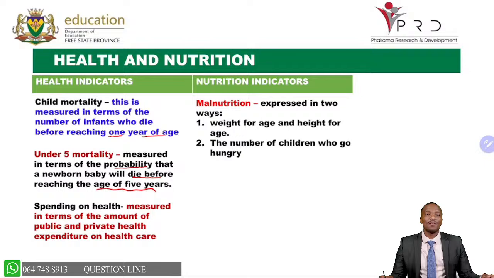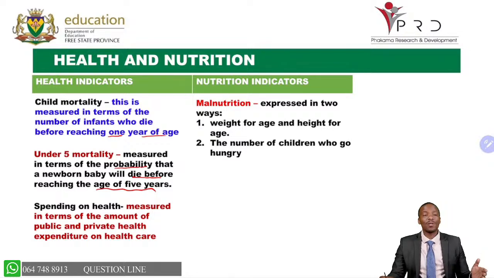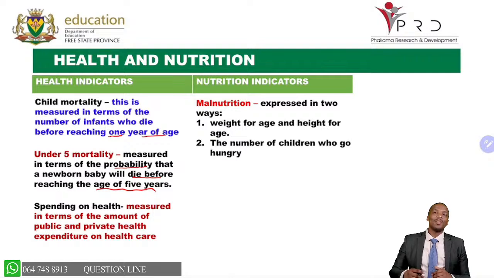On the other side, we look at malnutrition. There we look at weight for age as well as height for age. And then also we look at the number of children who go hungry. That's what we are looking at there. And the weight each and every time, the children need to be monitored.